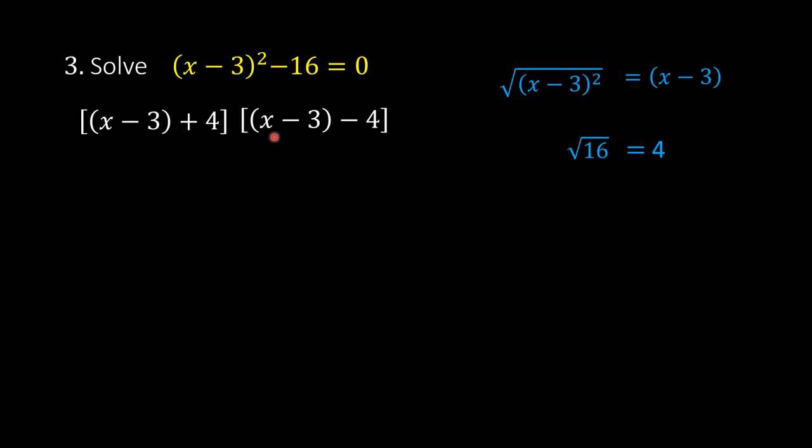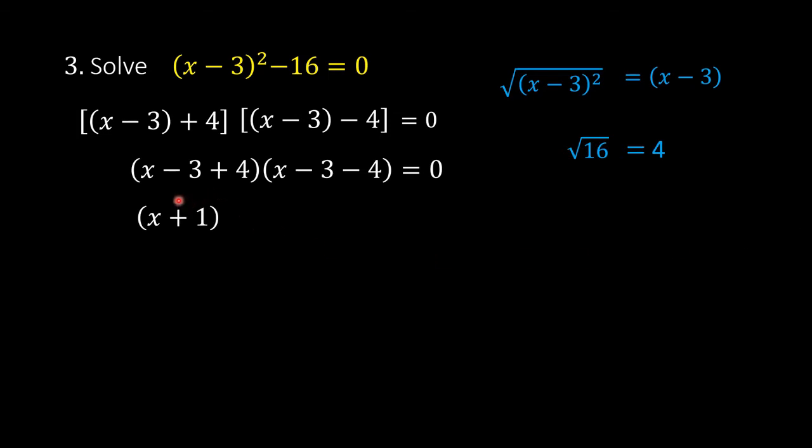We will simplify this by removing the parentheses inside the other grouping symbol. So we have x minus 3 plus 4, x minus 3 minus 4.